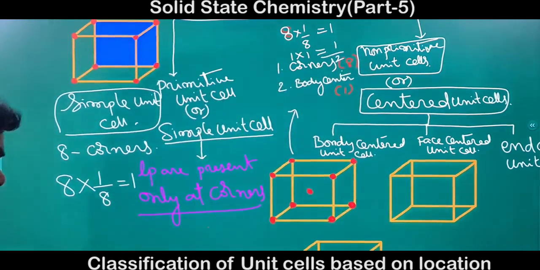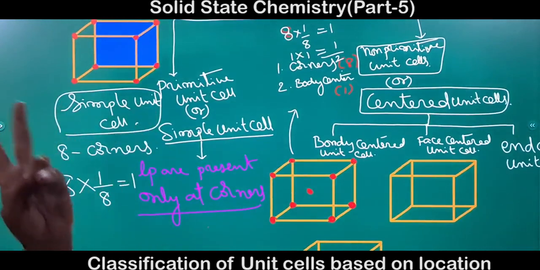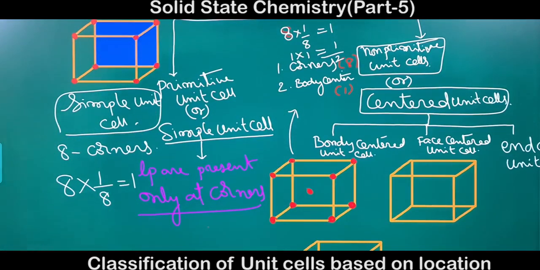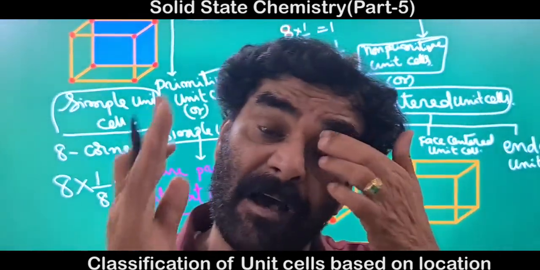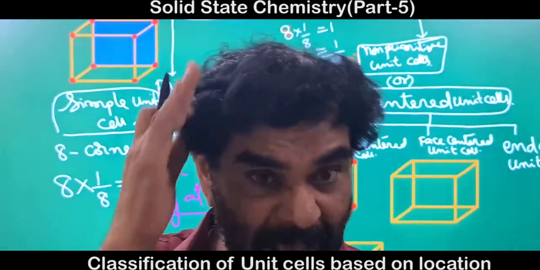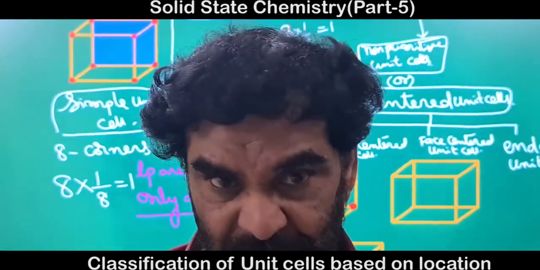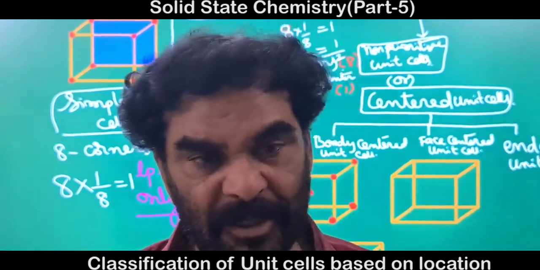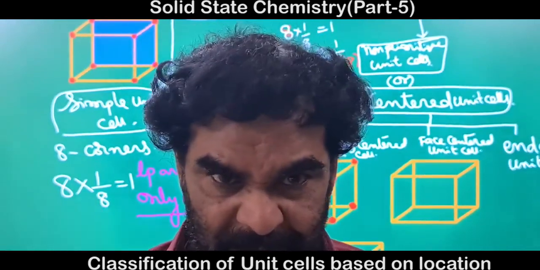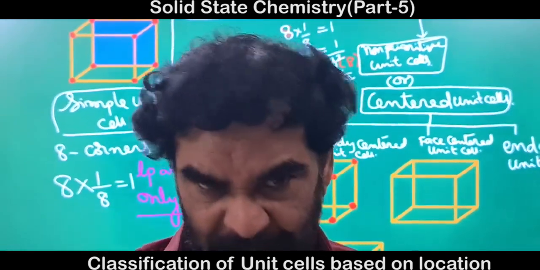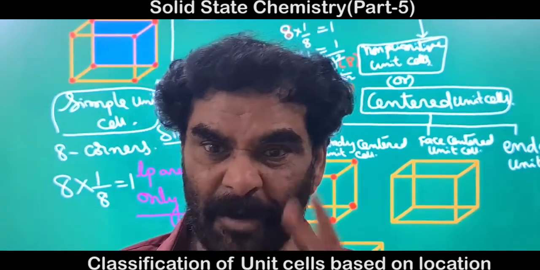Each body centered unit cell is made up of 2 atoms; 2 lattice points are involved. If there are Avogadro number of atoms in the given solid and it has the body centered cubic structure, then how many unit cells are possible?